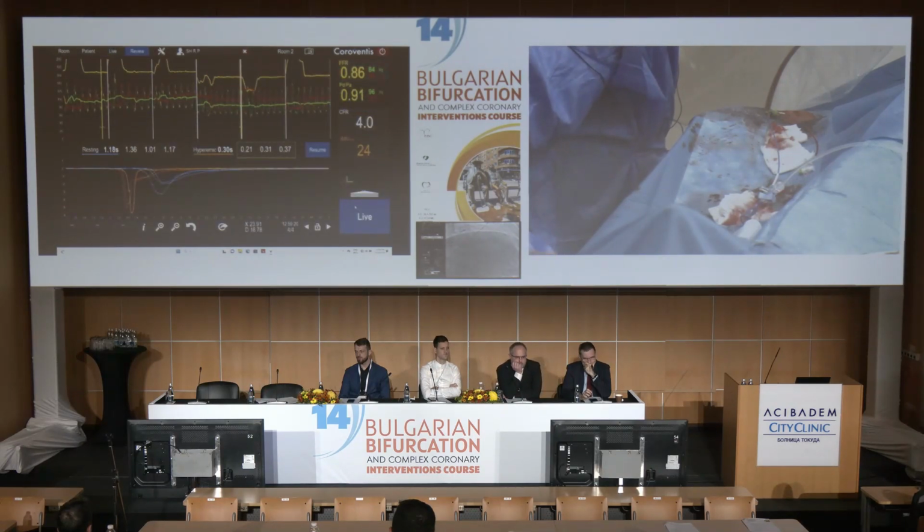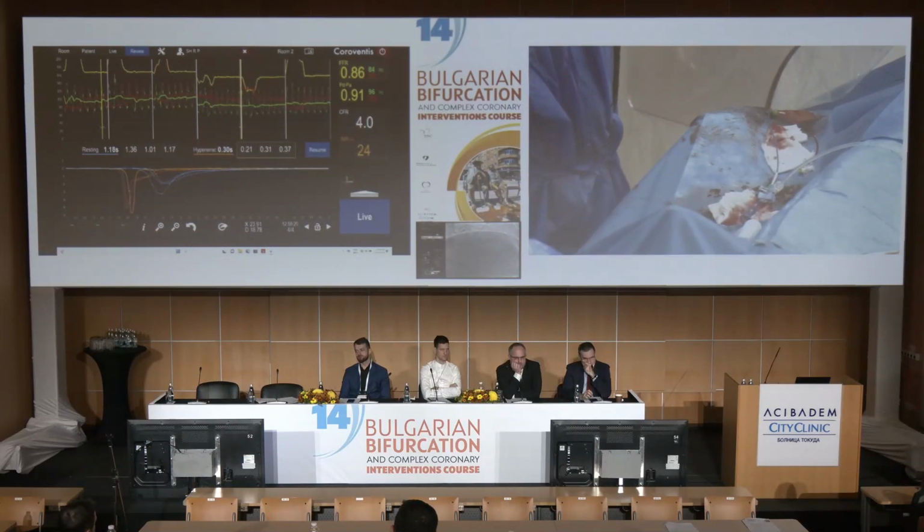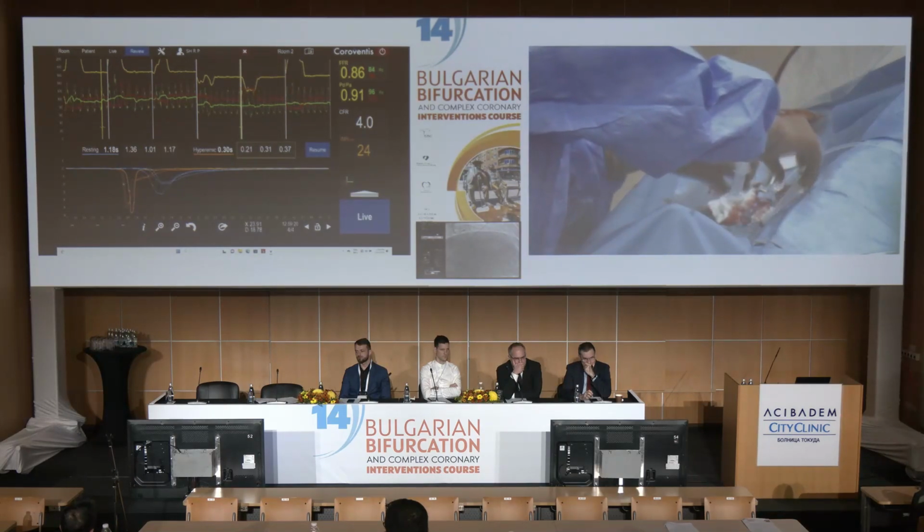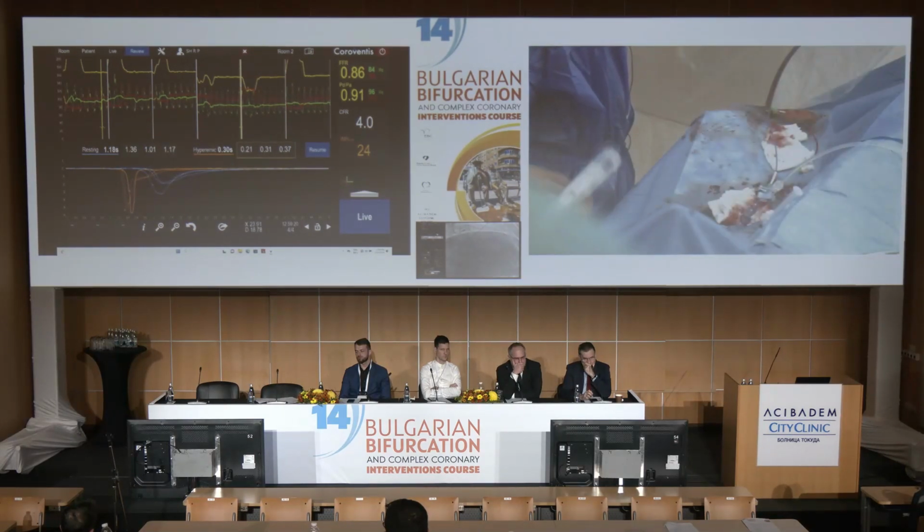Okay, so let's think a bit on these tracings. You have data at rest, you have data during hyperemia. Blue is at rest. You see that the mean transit time is much longer than during hyperemia. This is at rest, this is hyperemia. In other words, during hyperemia, there is an acceleration of the flow.